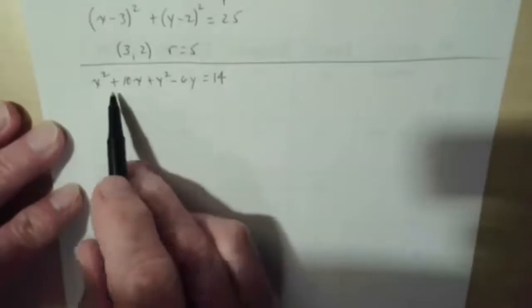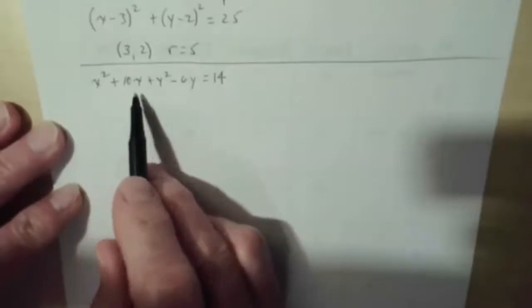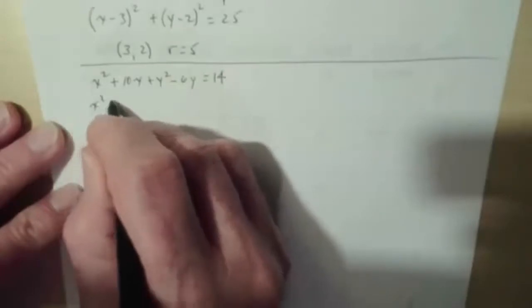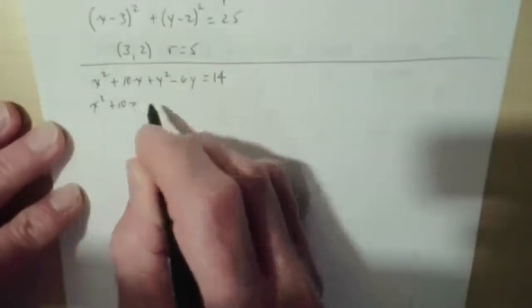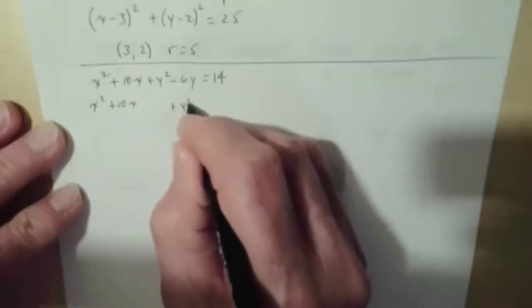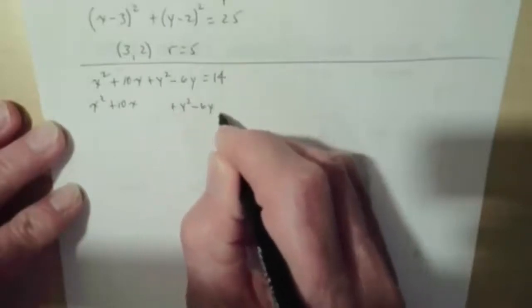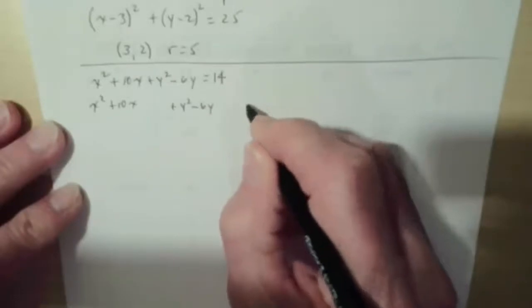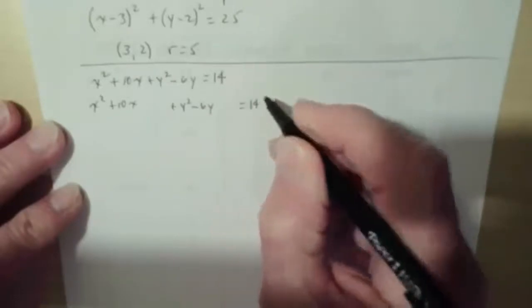Okay, we're going to group the x's together. They already are. Group the y's together. They already are. So we're going to get x squared plus 10x, skip a little space to complete the square, plus y squared minus 6y, skip a little space to complete the square, equals 14.